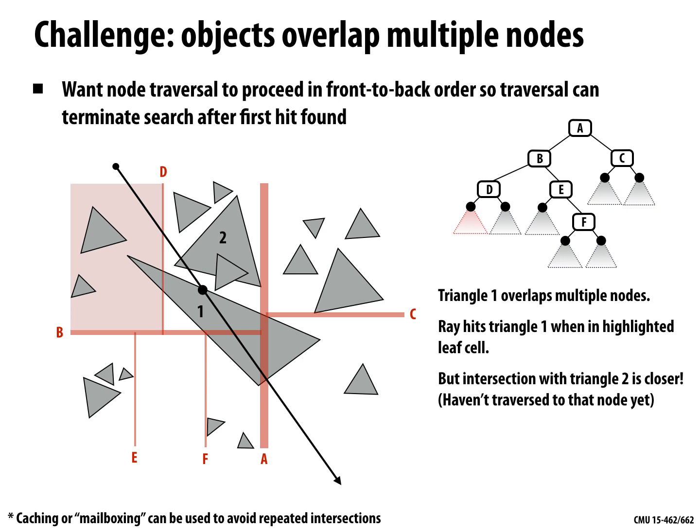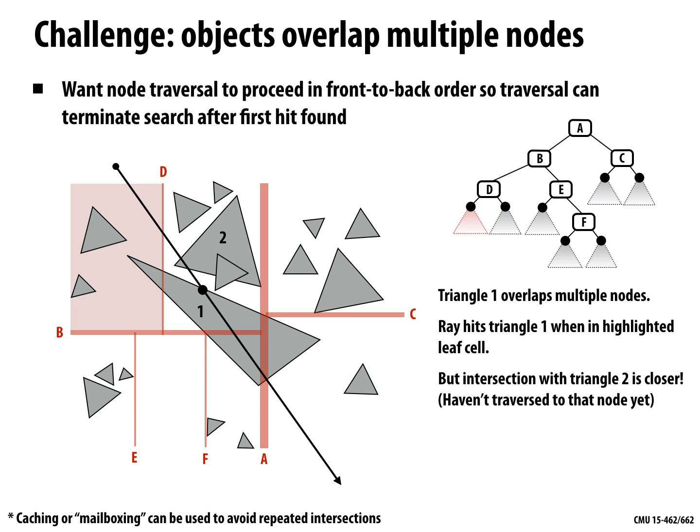When we're in this pink highlighted node, that node stores 3 triangles. It knows about 3 triangles, and so we're going to do a test with all 3 of them. And we find a hit on triangle 1, but that hit is not in the pink node itself.